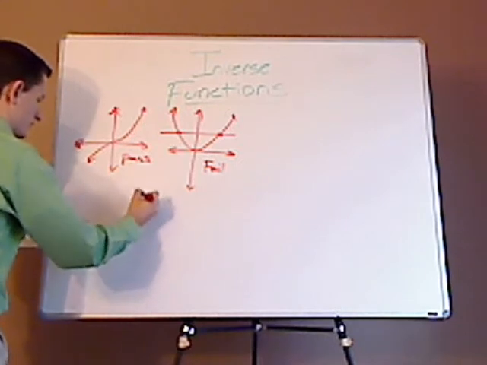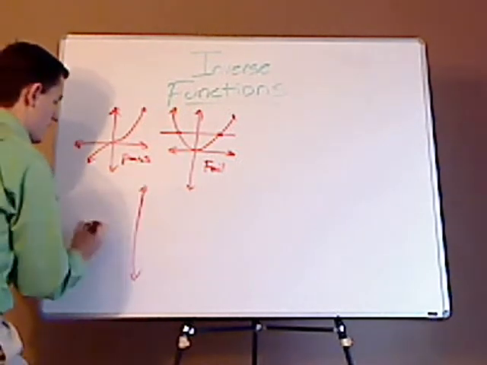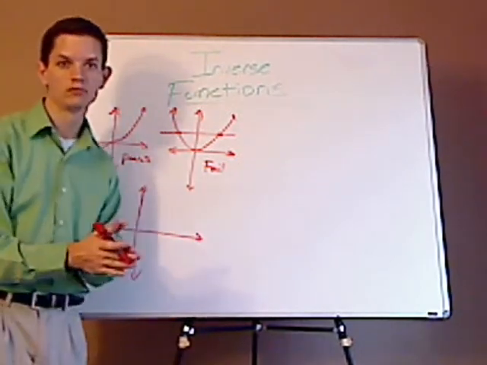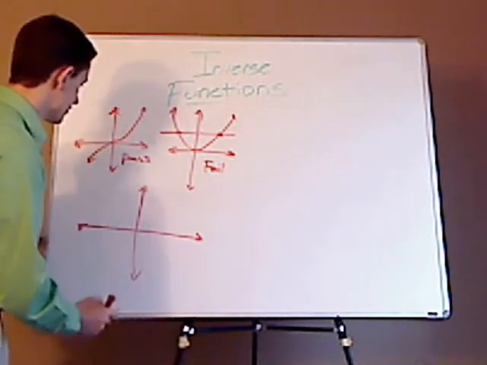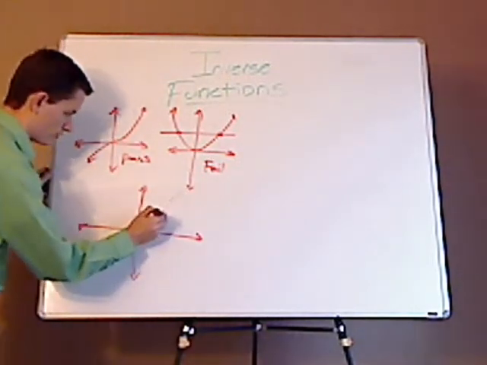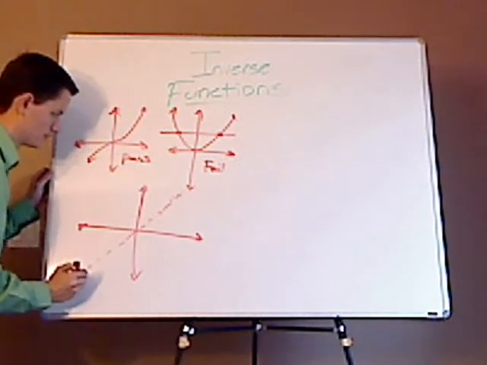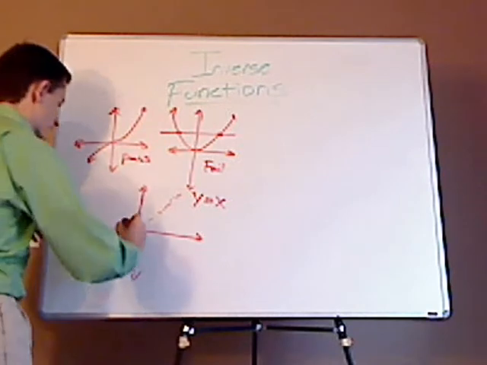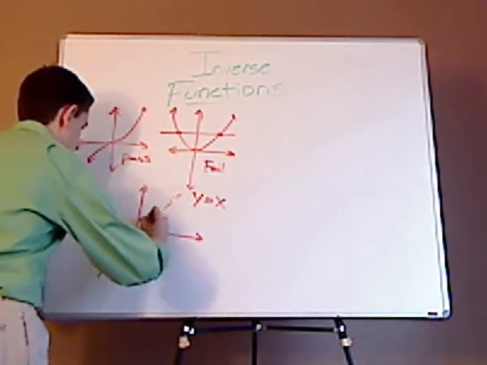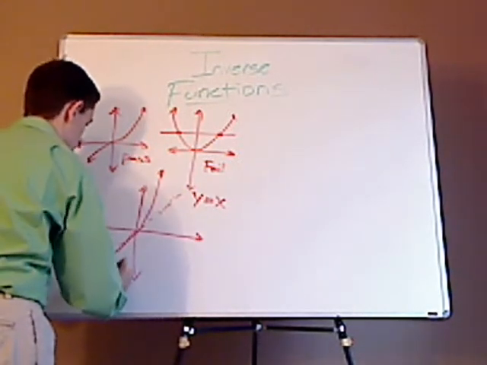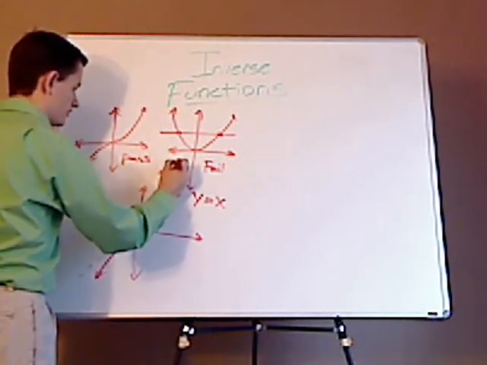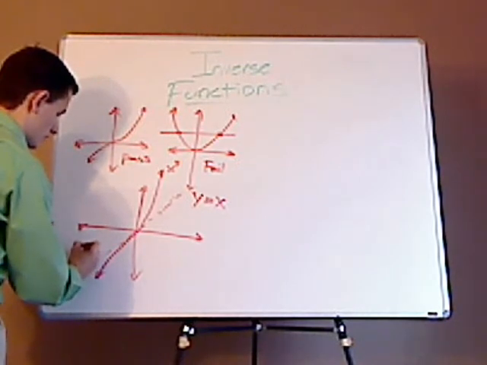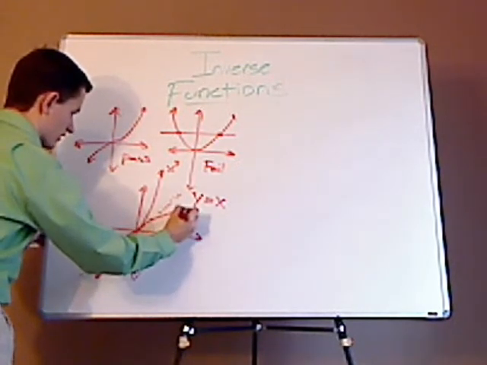Now, visually speaking, if they are inverses of each other, they're going to be reflective about the line y equals x. So, for example, if I take the cubic function, right, that is x cubed, the cube root function goes like this.